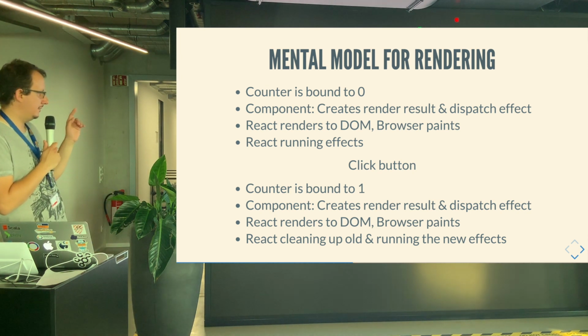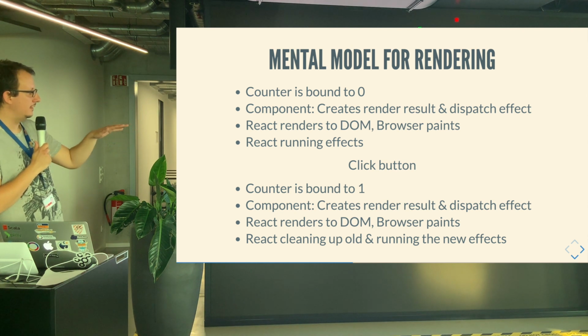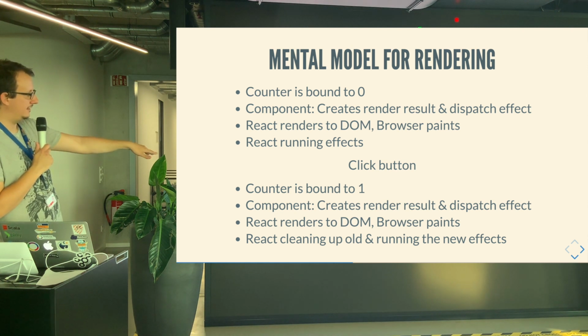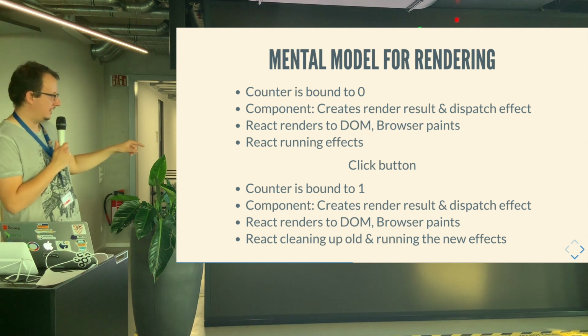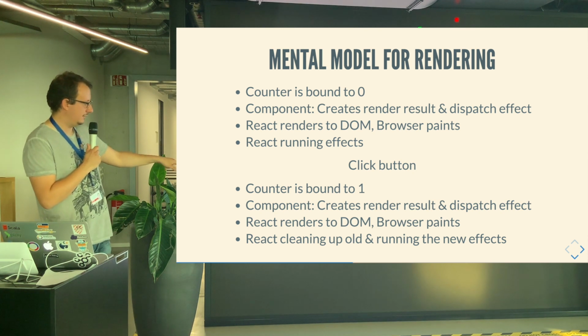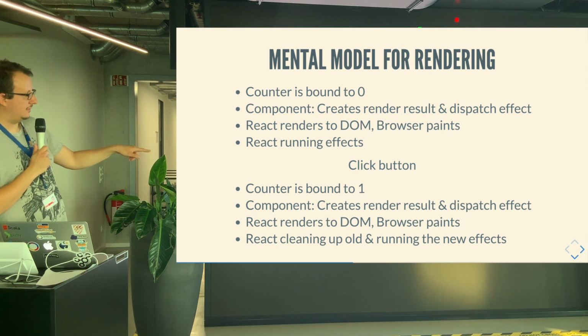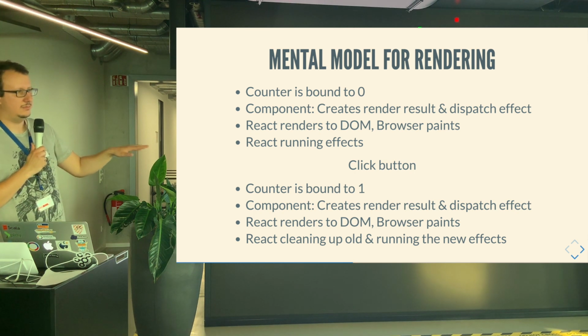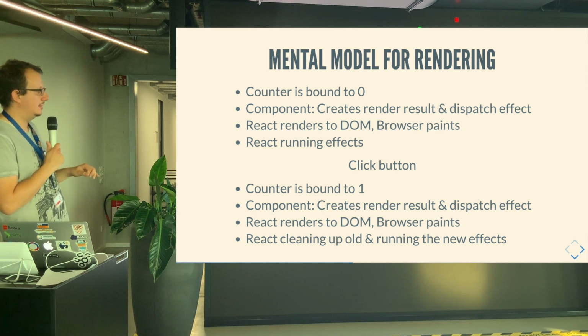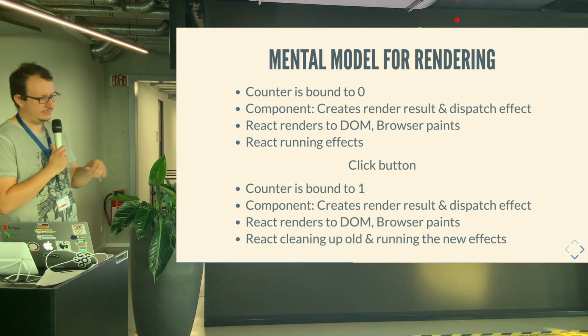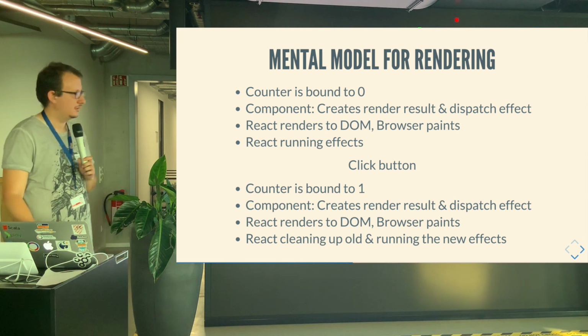Alright, then the component creates the render result, dispatches the effect again. And on the second execution, what's new is that React also cleans old effects up, if you tell React to do so, so we'll see that on the later slides.